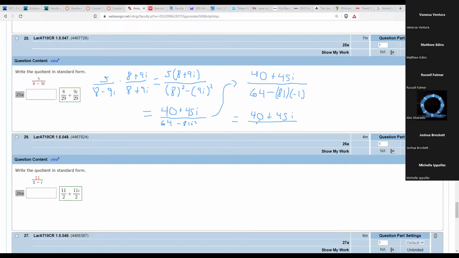Yeah, 145, right? Okay. Because this becomes plus, right? Everyone see that this would be plus 81. Let's skip the step because this is a lot of writing already.